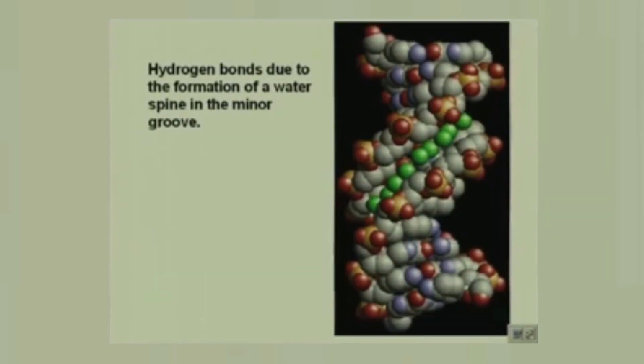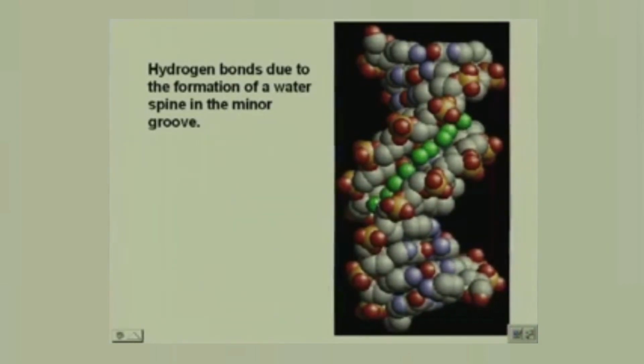Another feature that we can look at here is this part on the right. What groove is this? This is the major groove. And so this is the minor groove. Now if you look, these are actually water molecules. Okay? So there are other hydrogen bonding possibilities due to what is known as a water spine.